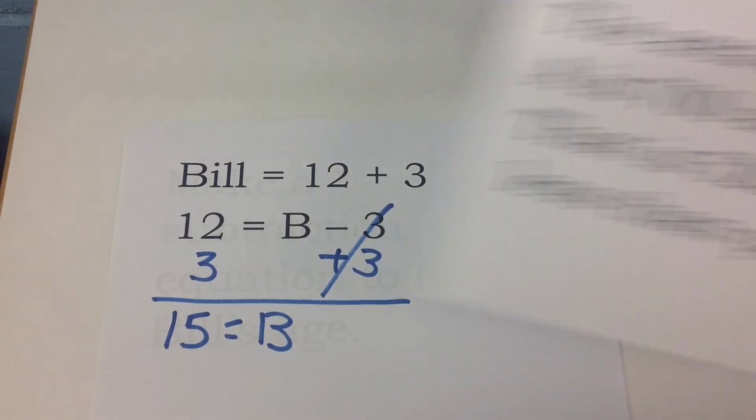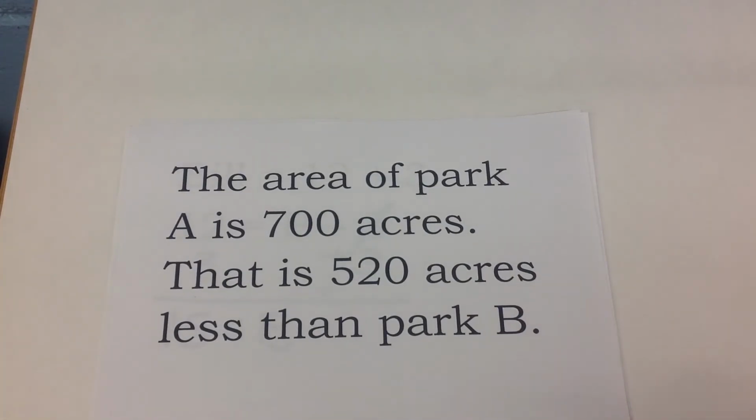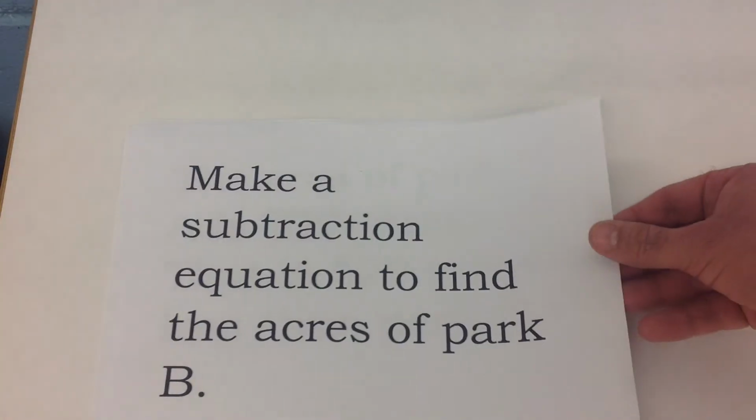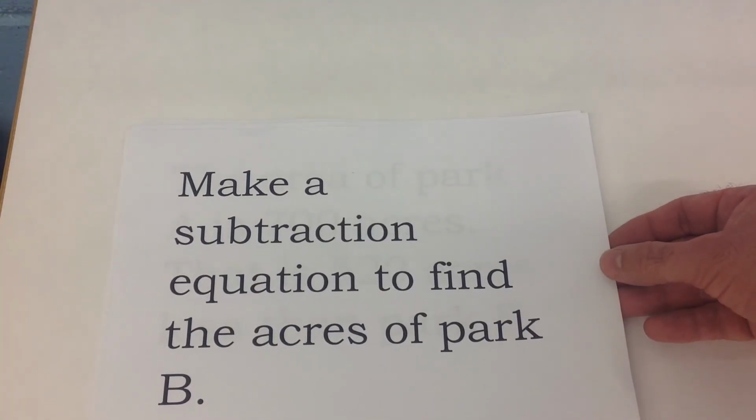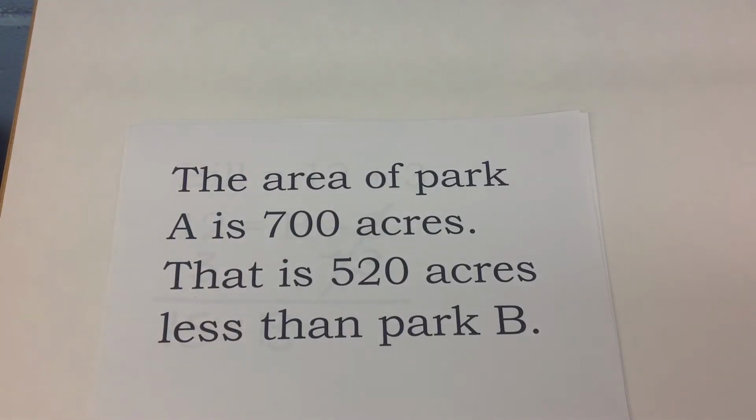Let's try another one. The area of Park A is 700 acres. That is 520 acres less than Park B. So we know Park B is more. How can you make a subtraction equation to find the acres of Park B? So this is what we want to do. We want to make a subtraction equation. Here's the problem again. How would you do that?